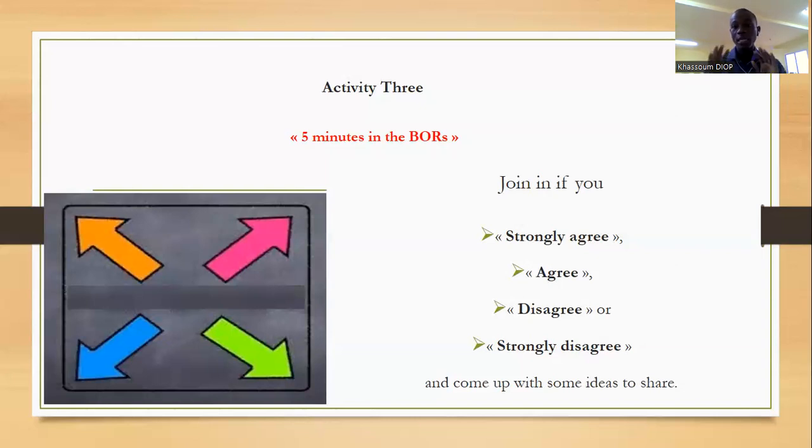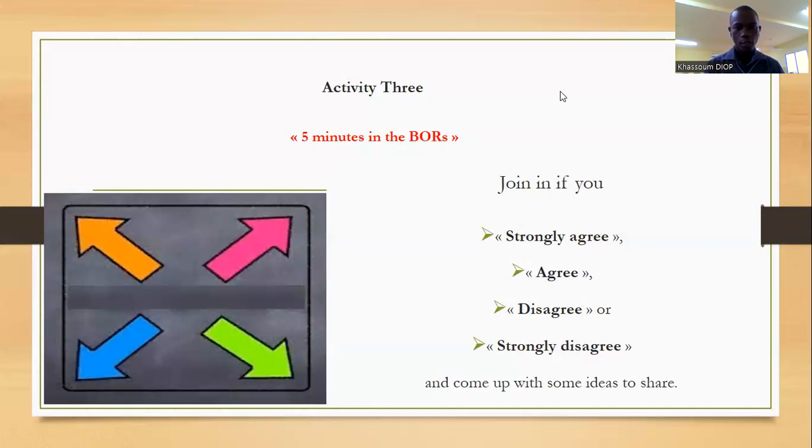Now this time it's up to you to choose where you want to go, but you have 4 corners to go. Strongly agree, agree, disagree, and strongly disagree. So here I will just let you go. Yes, join. Okay, so let me create the 4 rooms.